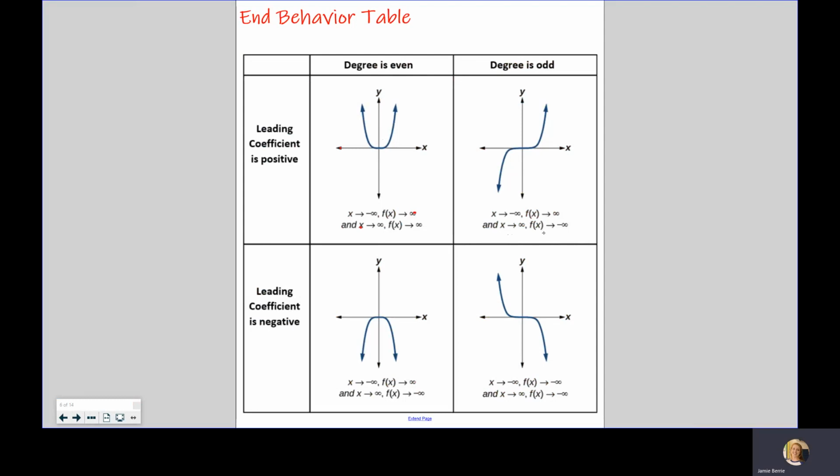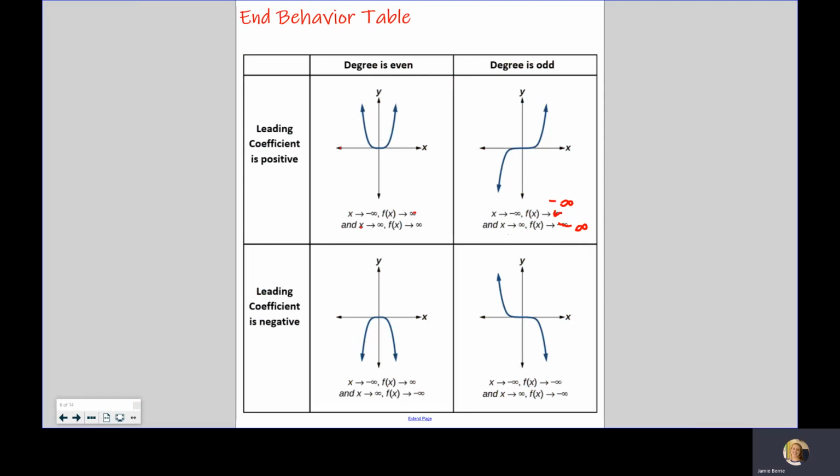Looks like we have a mistake in our table. Let me fix that. This should be negative infinity, and this should be positive infinity. Sorry about that.